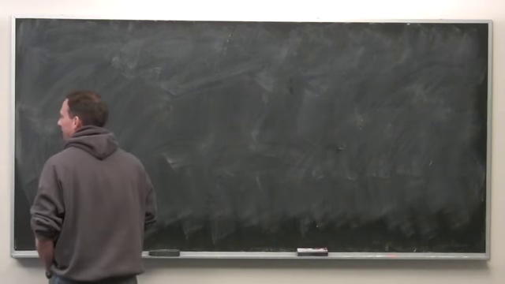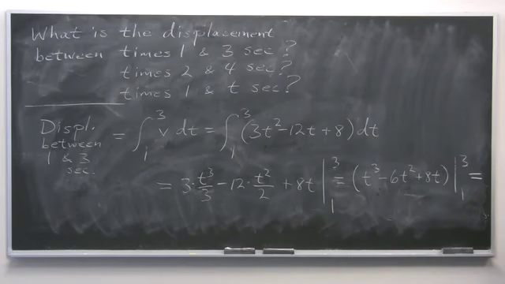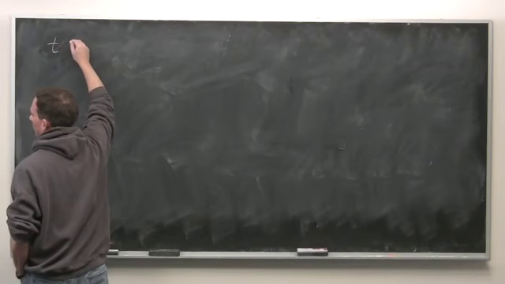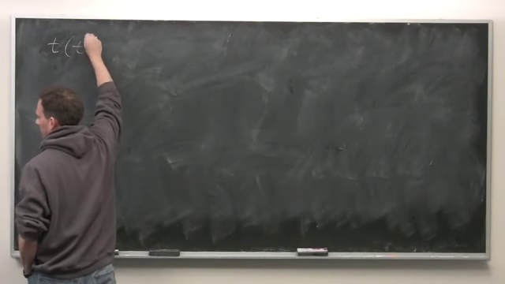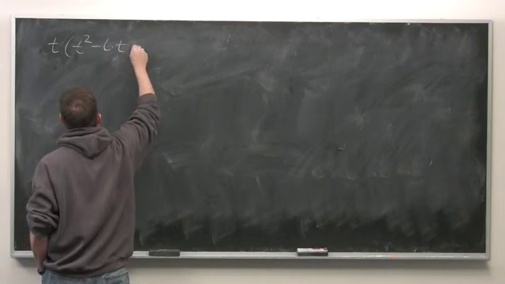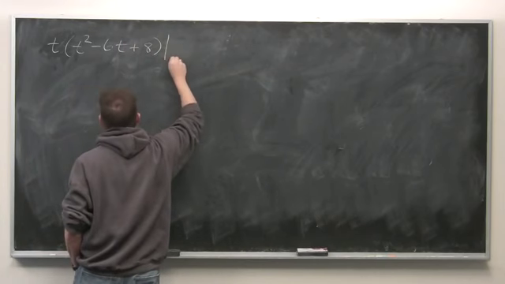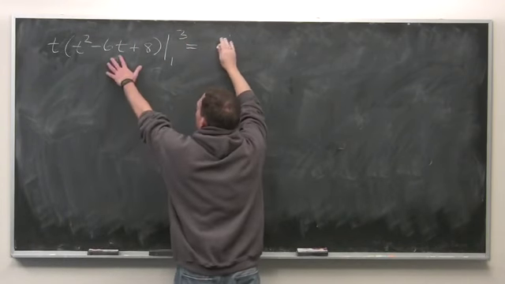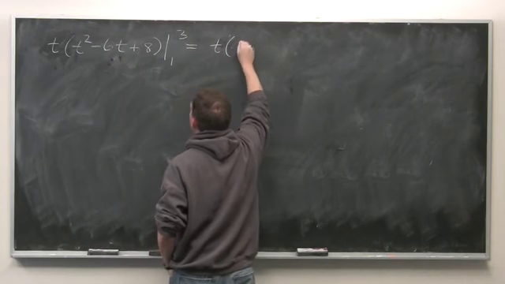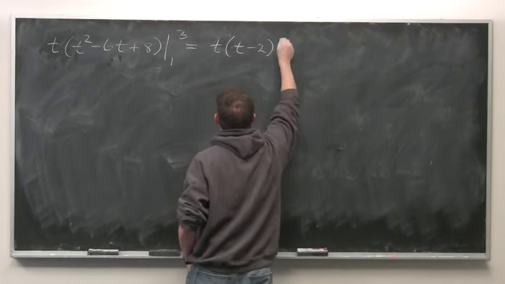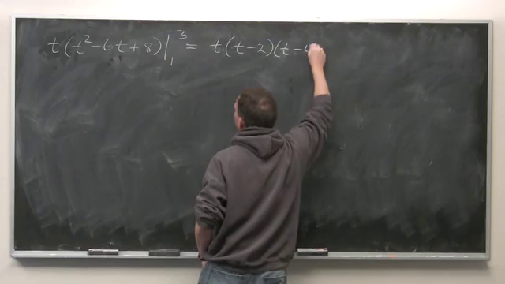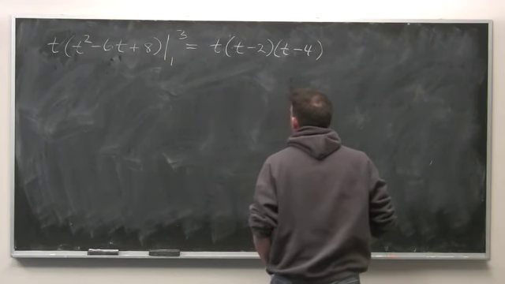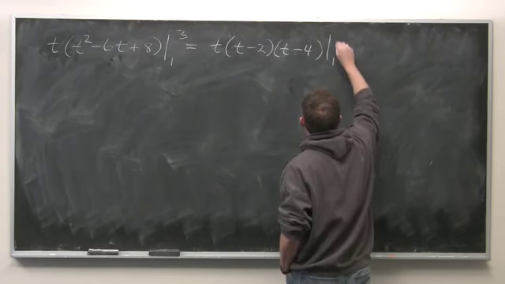The polynomial factors as t times t squared minus 6t plus 8. And then we need to evaluate from 1 to 3. But you should see that this factors as t minus 2 times t minus 4, evaluated from 1 to 3.